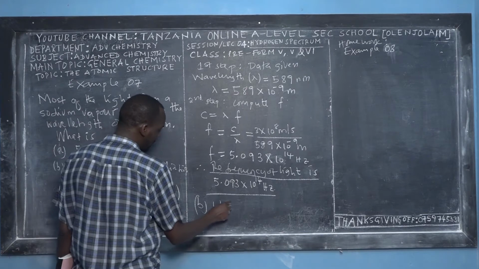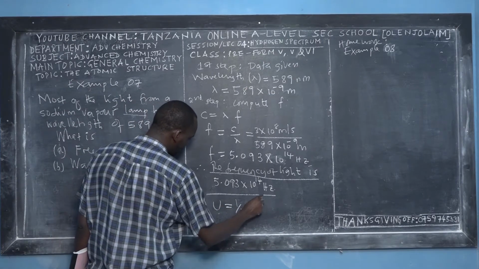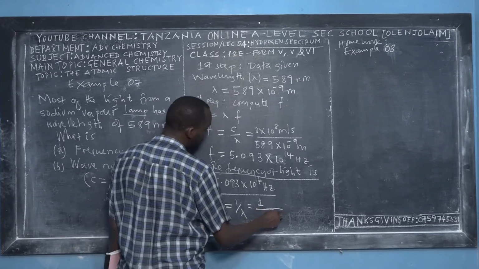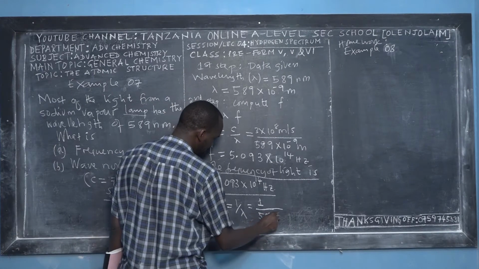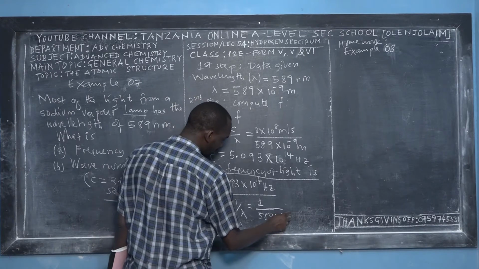so the wave number, this is simply what? The reciprocal of wavelength. So you just take one over the given wavelength, which is 589 exponent negative 9.